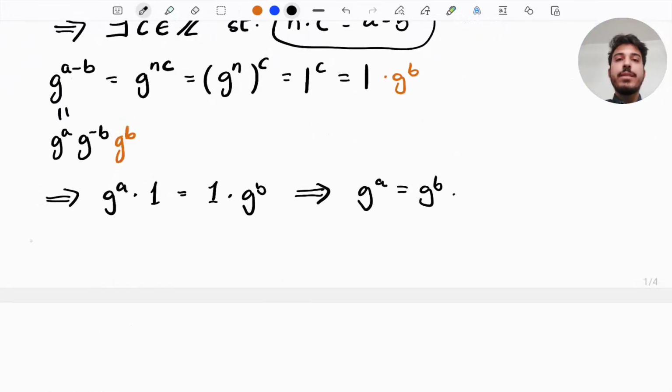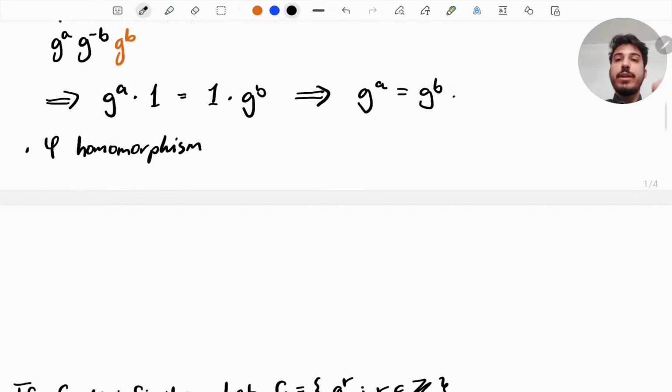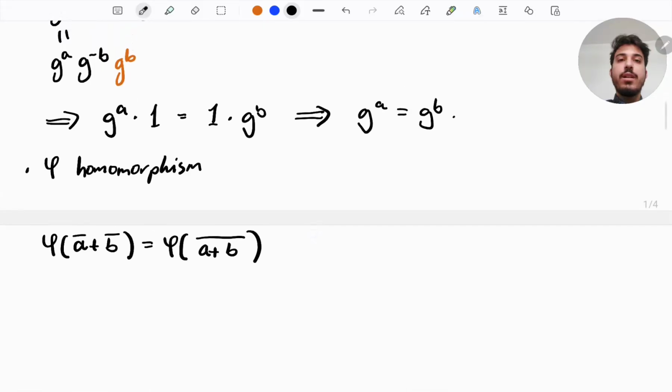Let us now prove that phi is a homomorphism. We will use the definition right away to say that phi of a bar plus b bar is equal to phi of a plus b bar by a property of modular arithmetic, and this equals, by definition of phi, g to the a plus b, and we use the exponent laws here to say this is equal to g to the a times g to the b.